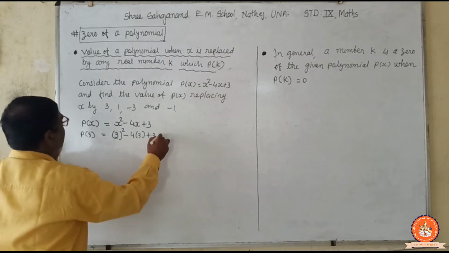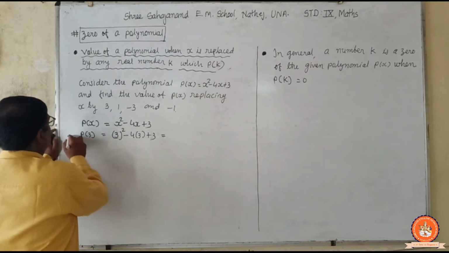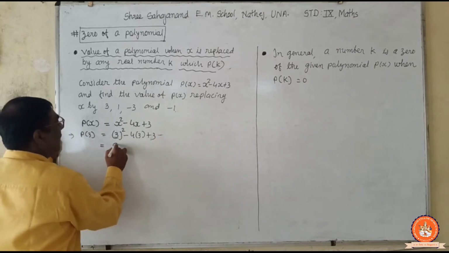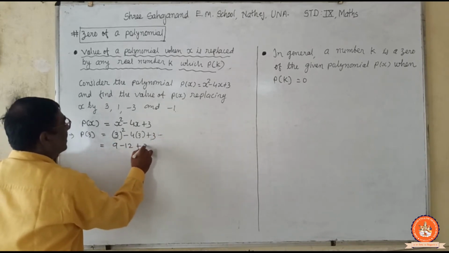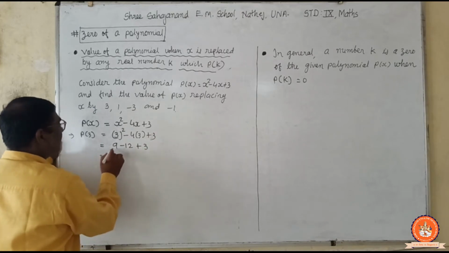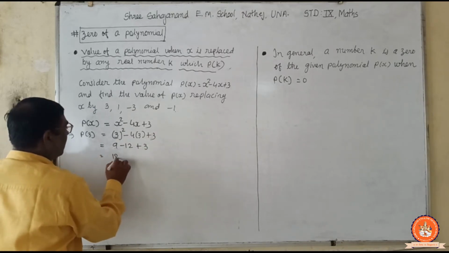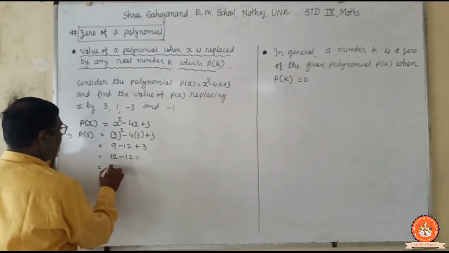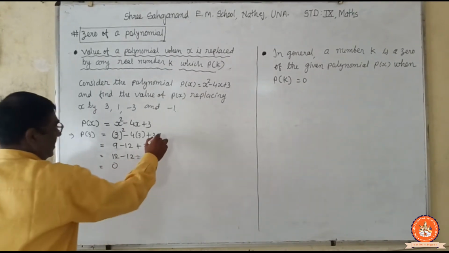So that is 9 minus 12 plus 3. That is 9 plus 3 is 12, minus 12 is equal to 0. Okay.